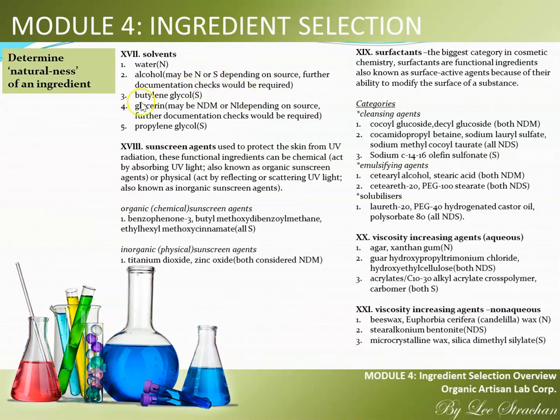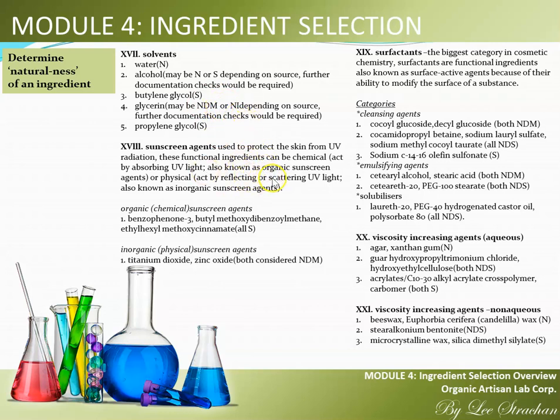To continue, for determining naturalness of an ingredient, another one is solvent. It could be water, it could be hydrosol, it could be alcohol, it could be glycerin, it could be propylene glycol, or propanediol. So these you may need to check from technical data sheet.